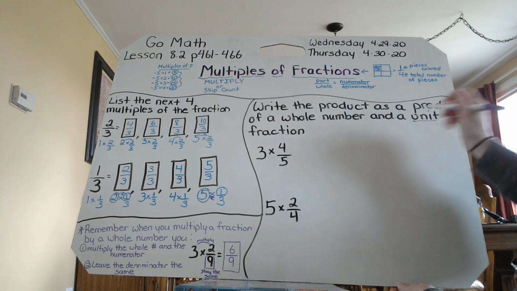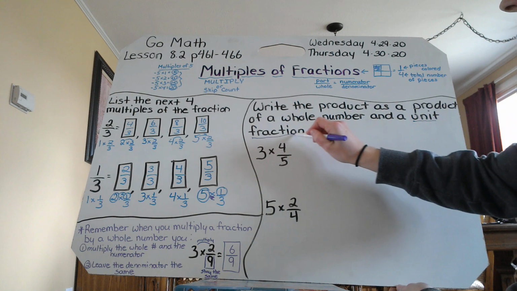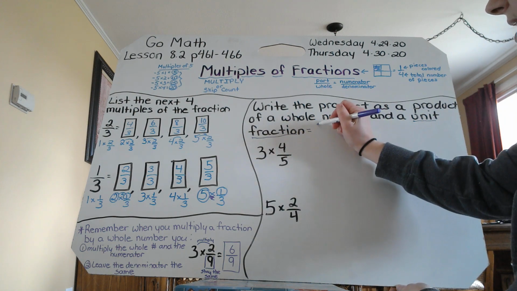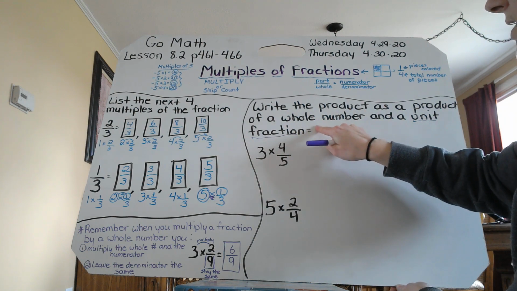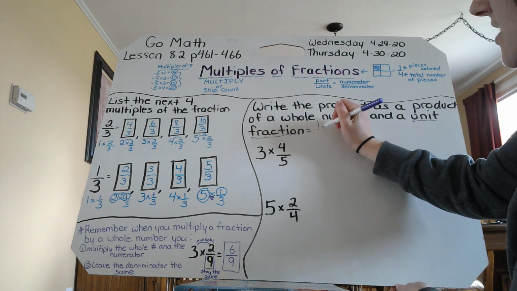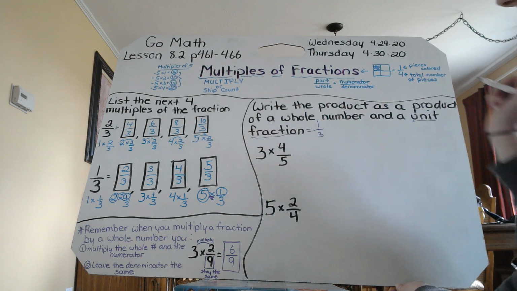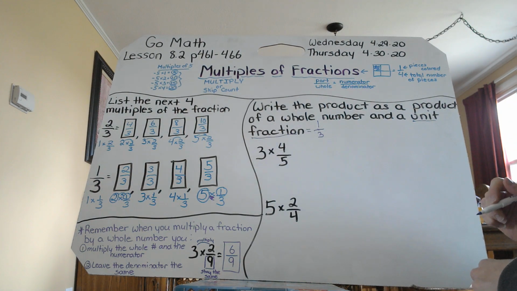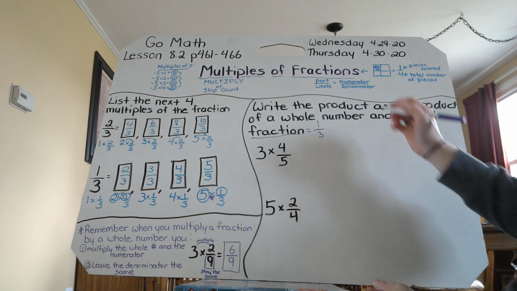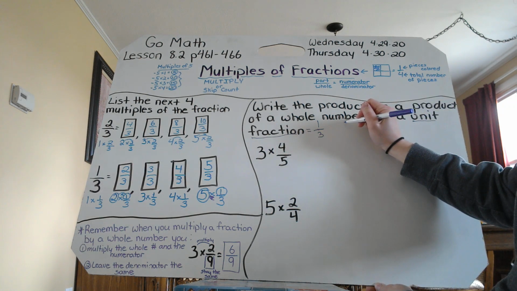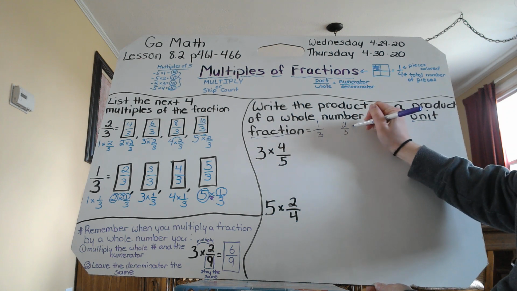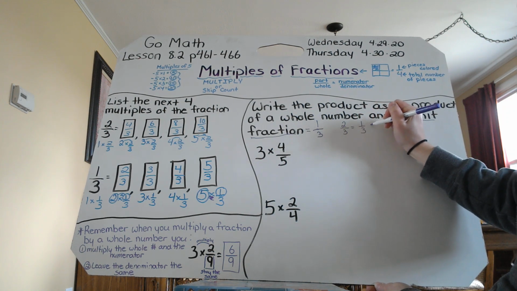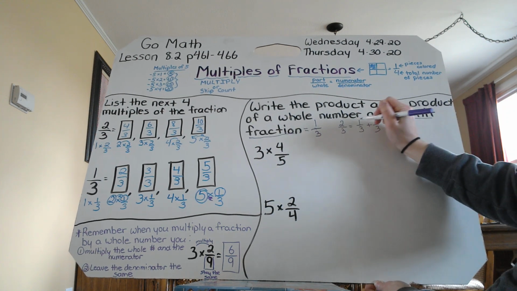Remember that this word unit fraction means that it has a numerator of 1, whatever it is. Your numerator in a unit fraction is 1. So if I had 2/3, this really equals 1/3 plus 1/3.